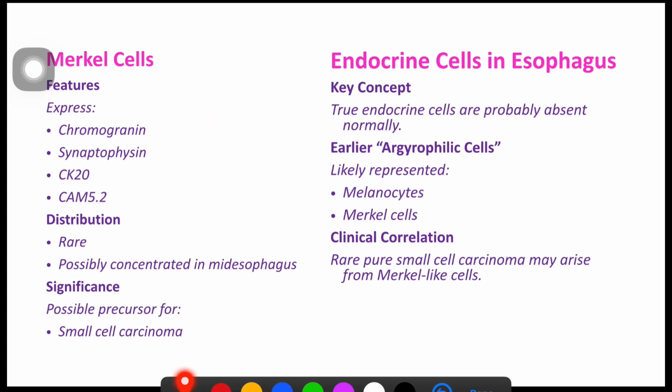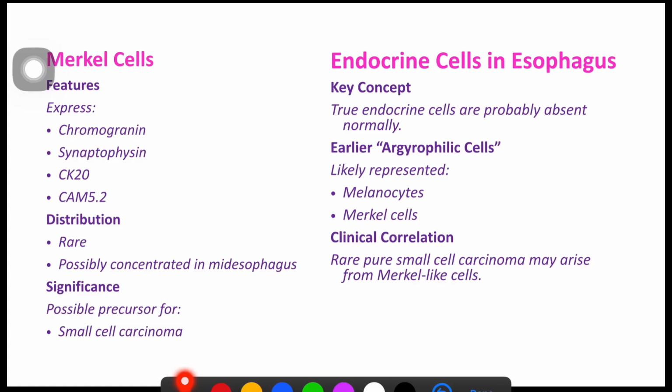Second cell is Merkel cells. They express chromogranin, synaptophysin, CK20 and CAM 5.2 positivity. They are rarely seen, concentrated in the mid-esophagus, and are a possible precursor for small cell carcinoma.